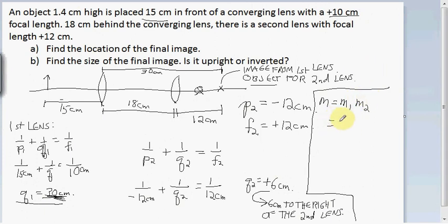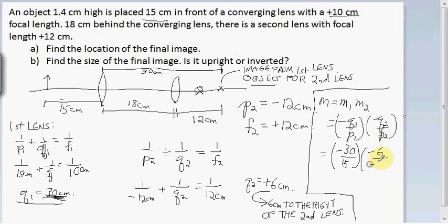So this is going to be minus Q1 over P1 times minus Q2 over P2, which is minus 30 over 15 times minus 6 over negative 12. And when I multiply all that together, notice this is 2, this is 1/2. So I end up with negative 1.